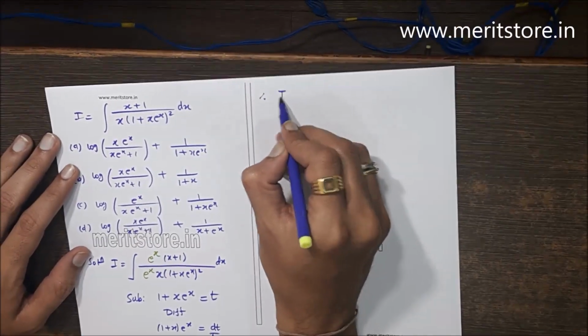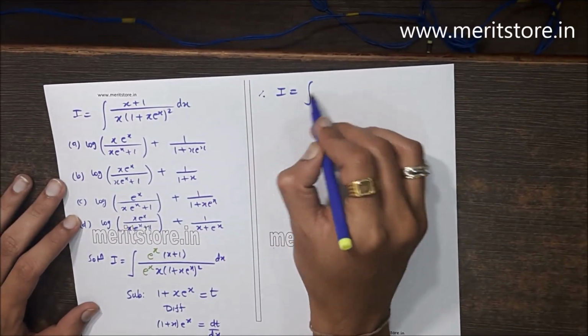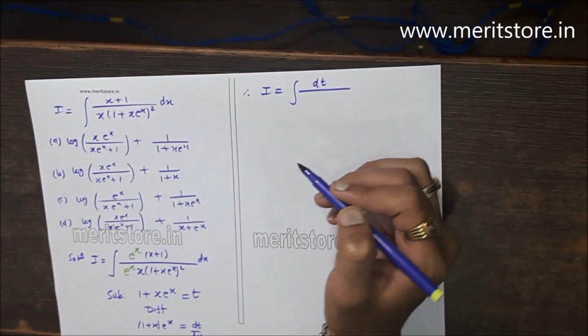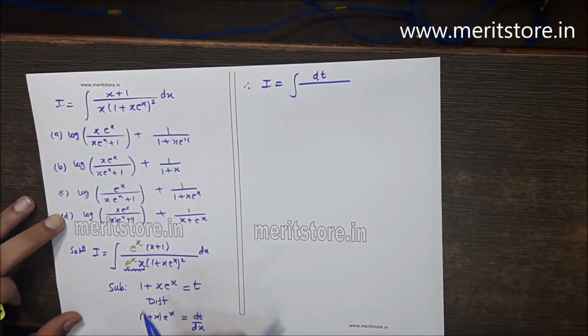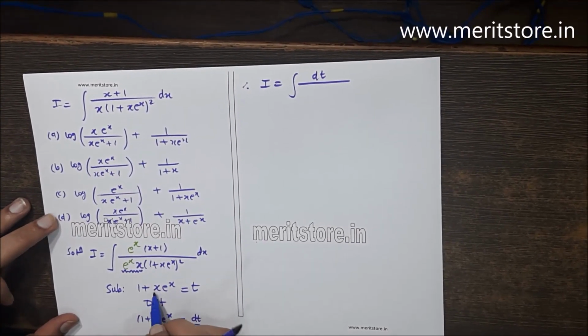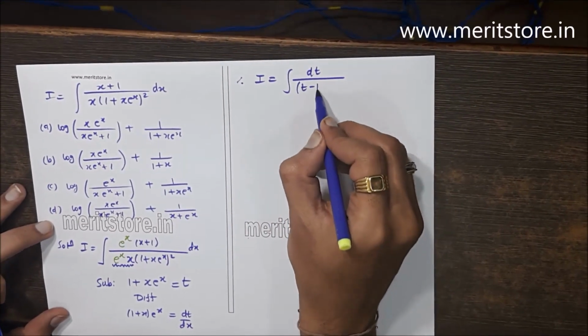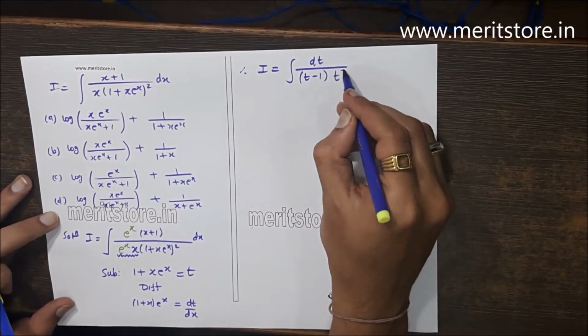Therefore, the integral equals, this term becomes dt. In the denominator, I have x e raised to x. This x e raised to x, I am writing as t minus 1. And 1 plus x e raised to x will become t square.